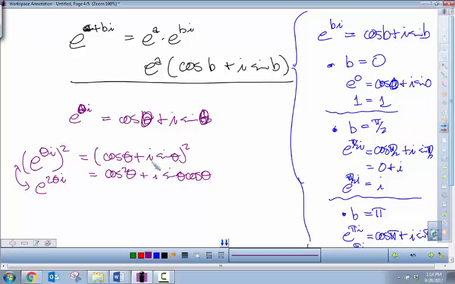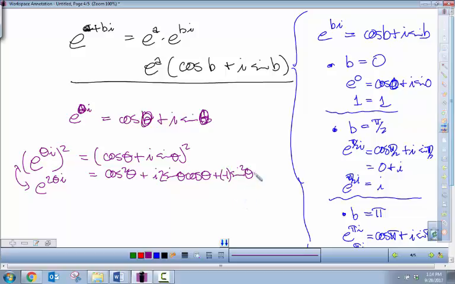The inside would be i sine theta times cosine theta. Oh yeah, I could just multiply this by 2, right? And then the last term would be i sine theta squared. So this is sine theta squared times i squared. What's i squared? -1. Okay, so I just foiled that.